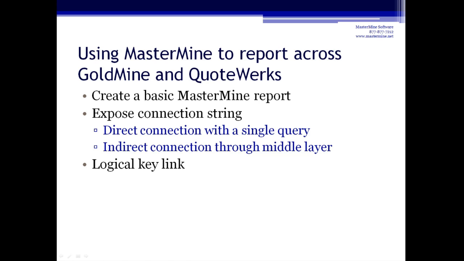That will be the example that I show you here today because I wanted to do a fairly simple one. But it is also possible to have an indirect connection.